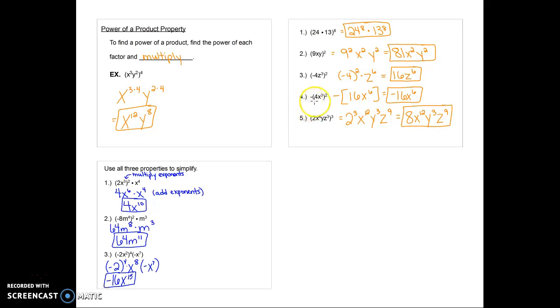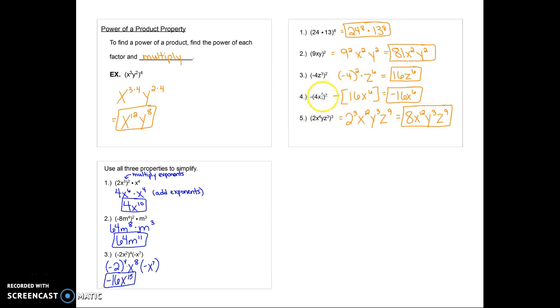Now, number 4 looks very similar to number 3, but there is one small difference that is actually going to be a major difference in your answer. This negative is outside of the parenthesis, so it's not attached to the 4 like it was here. So when I go to distribute this exponent in, that negative is going to stay on the outside. Right? And I'm just going to take a 4 and square it. So 4 squared is a +16.